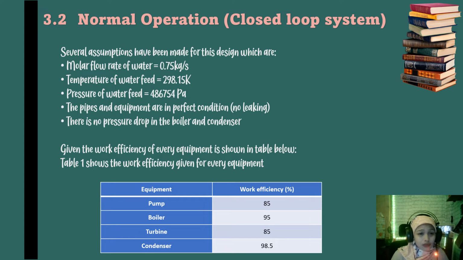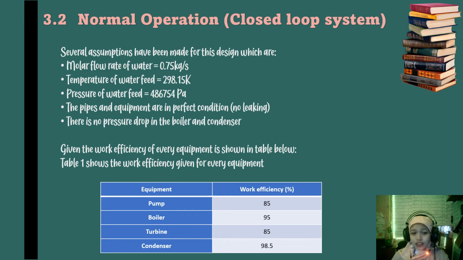Next, the temperature of water feed equals 298.15 Kelvin. The pressure of water feed was set equal to 486,754 Pascal. Next, the pipes and equipment are in perfect condition, which means no leaking happens between them. And lastly, there is no pressure drop in the boiler and the condenser.